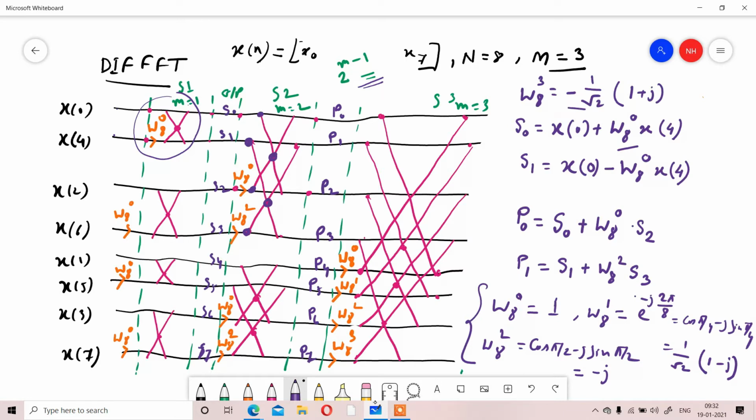That will be your W83 value. So except the W values, is that clear how to get the value of capital X0 to X7? Is that clear now?